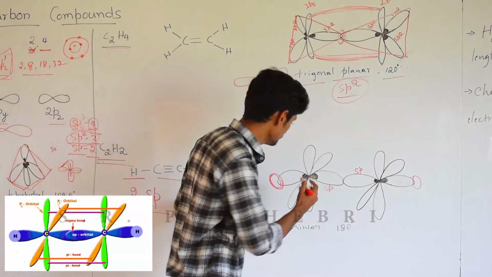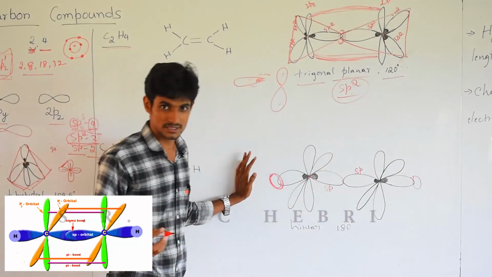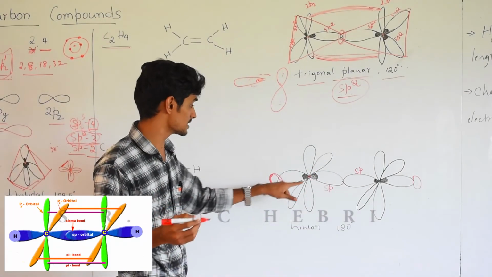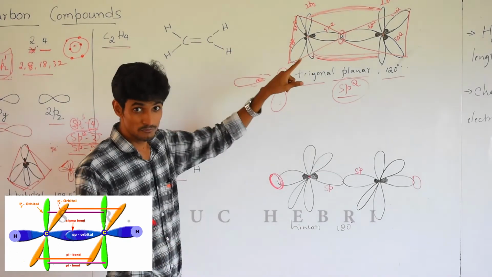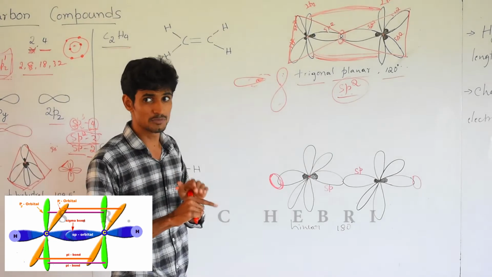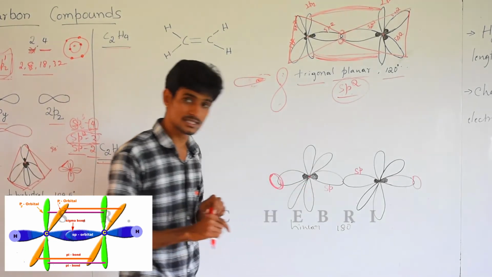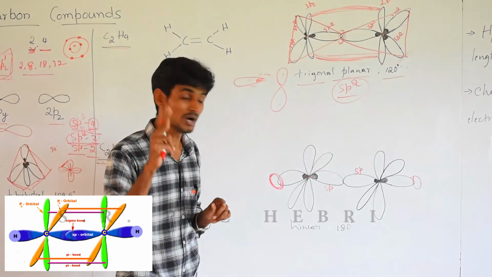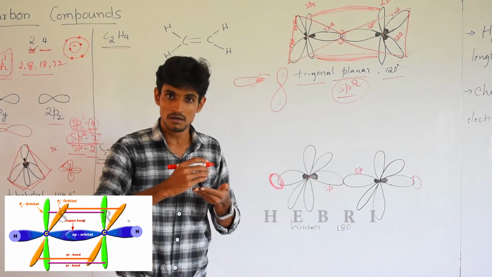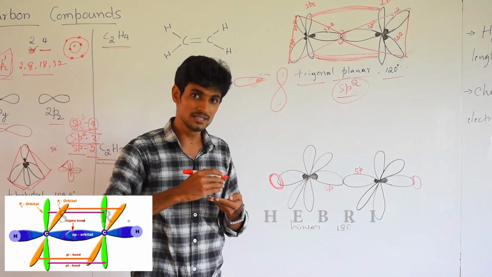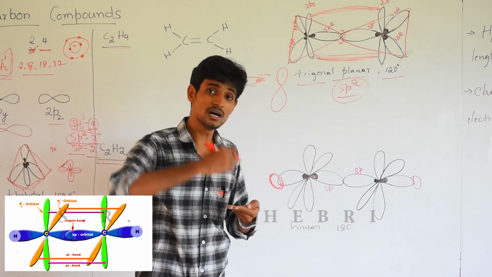Now the unhybridized orbitals. In the case of ethene, we had one unhybridized orbital, but in the case of ethyne, we have two unhybridized orbitals. In this case, the unhybridized orbitals are present perpendicular to the plane.